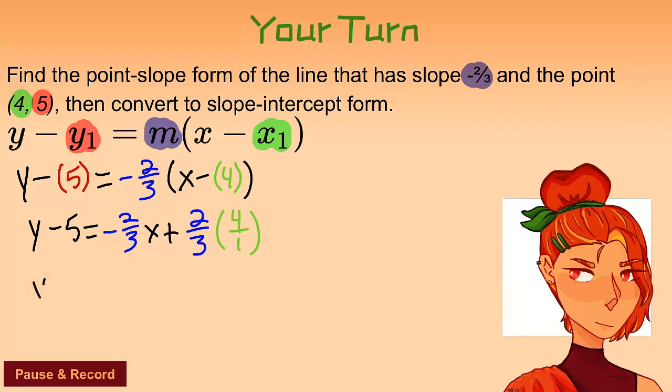So we have y minus 5 is equal to the negative 2/3 x. And then it's going to be 2 times 4 is 8 over 3 times 1 is 3. So it's going to be plus 8/3. All right?